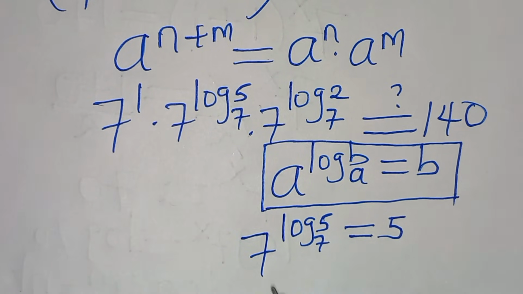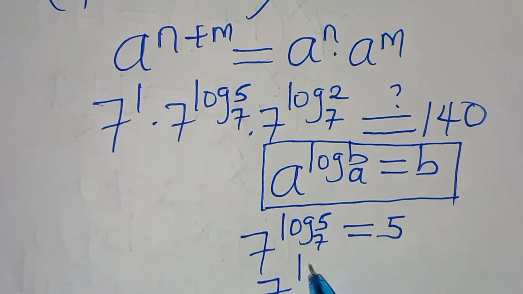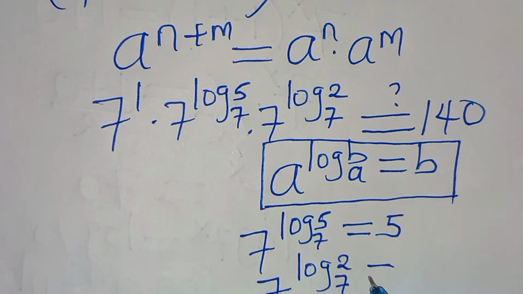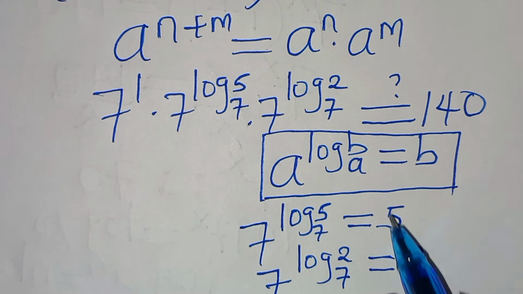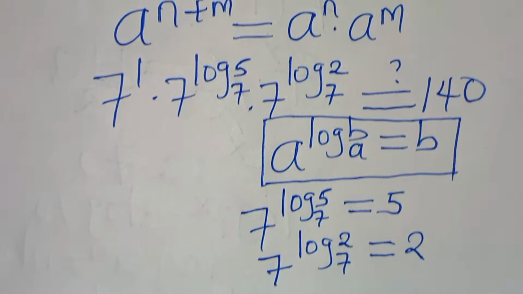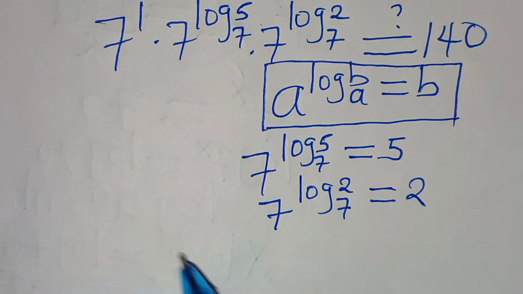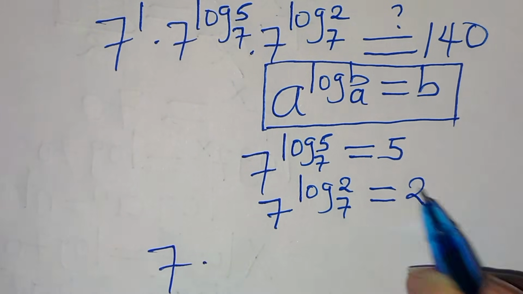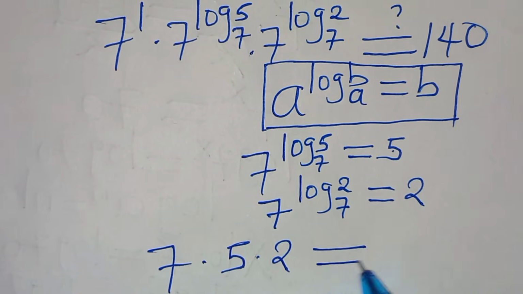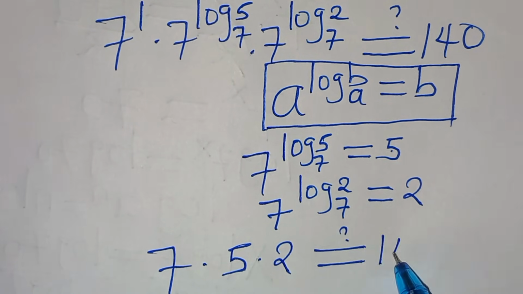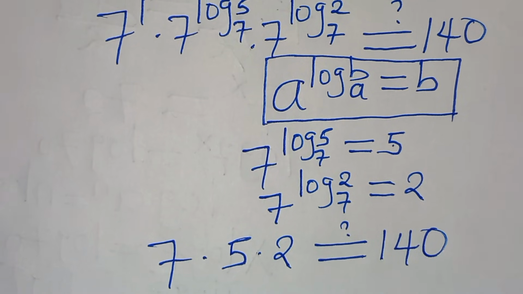And we have that 7 to the power of log 2 to base 7. This should give us a value of 2. Now, let's substitute these two values so that now we have 7 multiplied by 5 multiplied by 2. This should give us a value of 140.